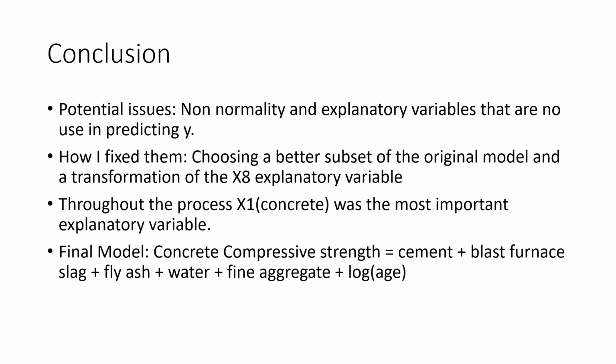And throughout this whole process, I also found that X1, which is cement, was by far the most important explanatory variable. My final model came out to be the concrete compressive strength is equal to cement plus blast furnace slag plus fly ash plus water plus fine aggregate plus the log of X8.